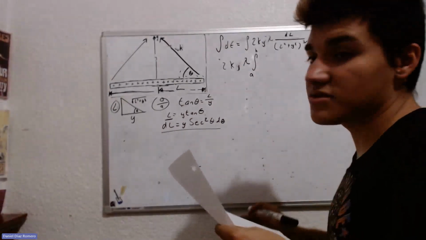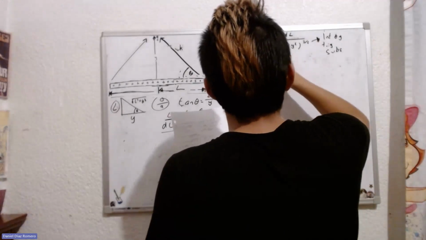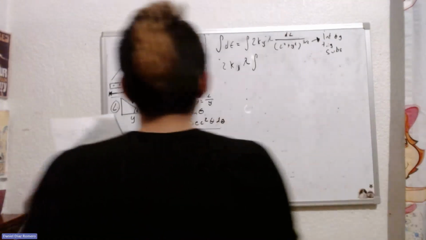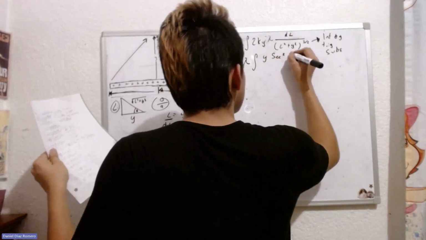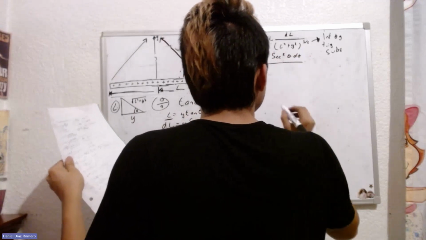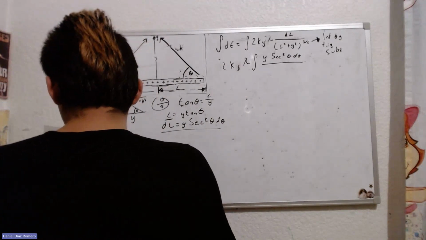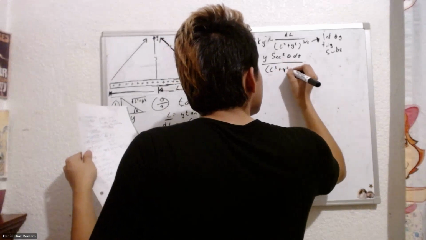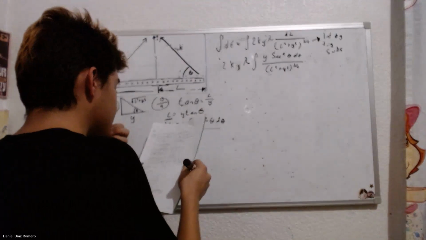Just to keep it in mind, it's a definite integral, but we are not going to concentrate on that for the moment. And now we substitute dL, which is y secant squared of theta d theta, over L squared plus y squared to the 3/2, which can arguably be the same as it was earlier. Okay, so now what do we do?